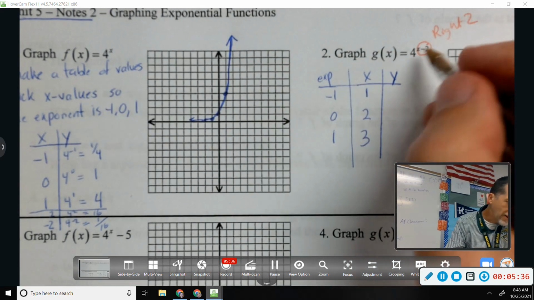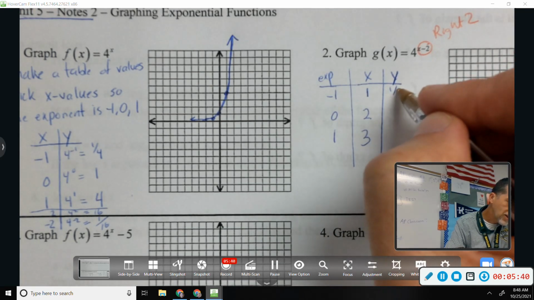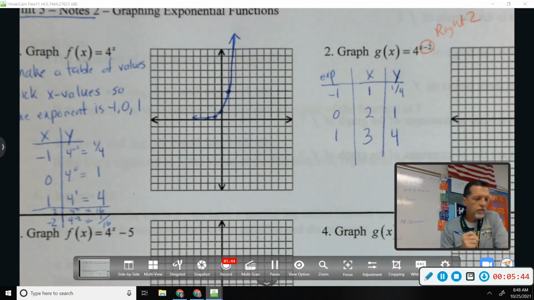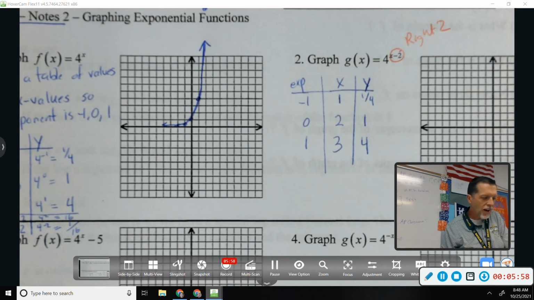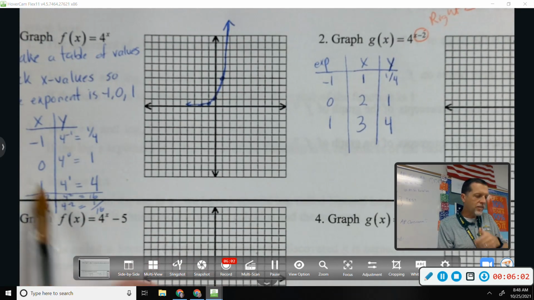And then my y values will be the same as they were over there, because I'll have 4 to the -1, 4 to the 0, and 4 to the first. What that accomplished is shifting it to the right 2. If you can shift it to the right 2 without a table, that's fine, but you would probably have to start with this table anyway.